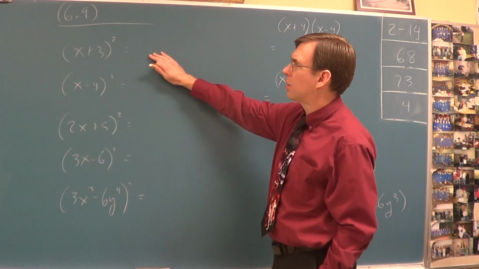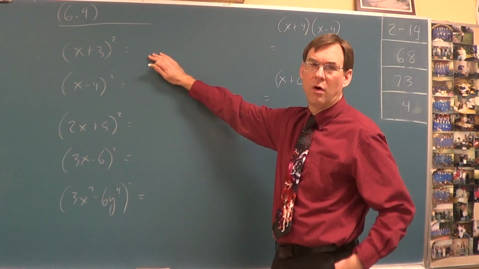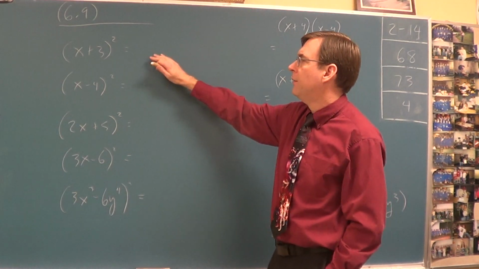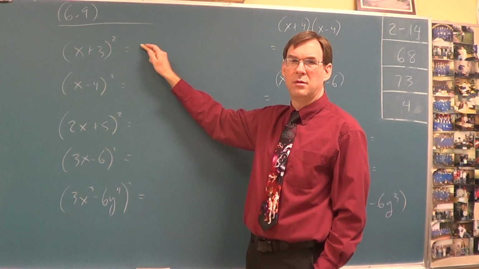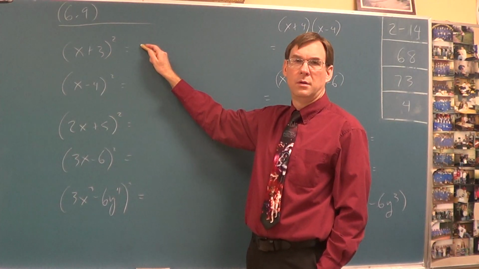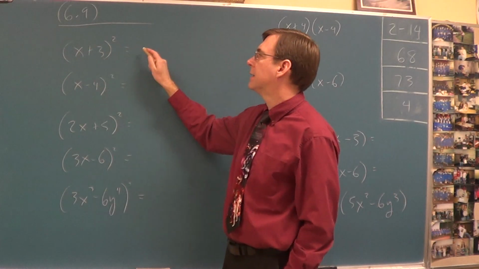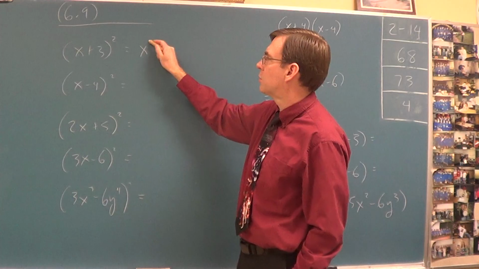But today's book lesson, they're emphasizing a shortcut that I gave you yesterday that involved just kind of repeating a pattern of how these always go. Does anybody remember the pattern for how this would start to go? I'm going to go first thing times itself, which would make x squared.